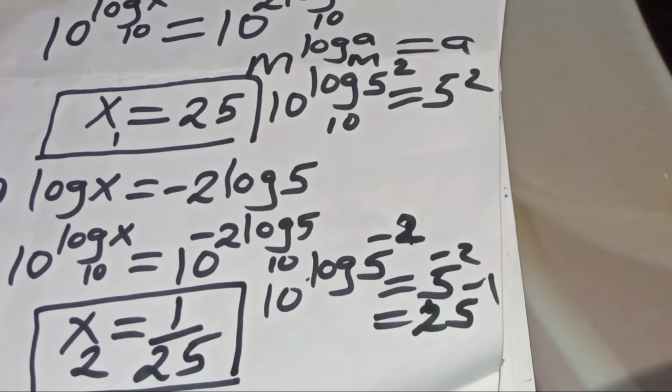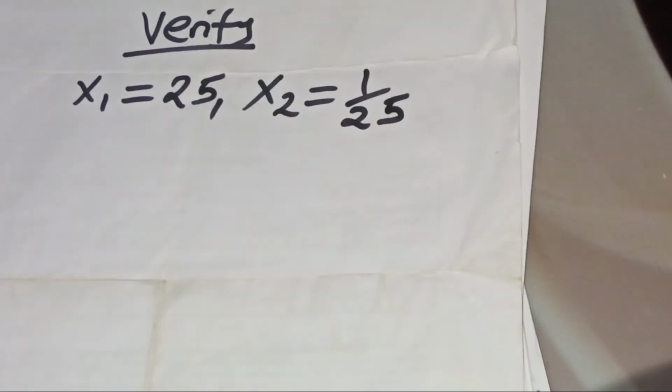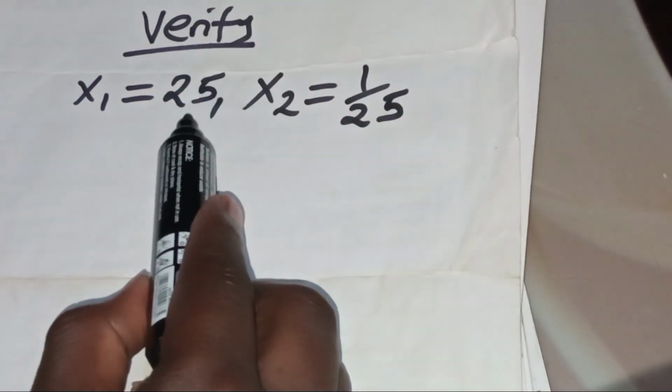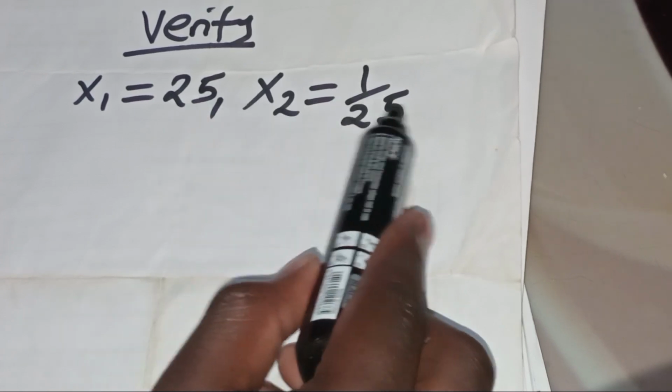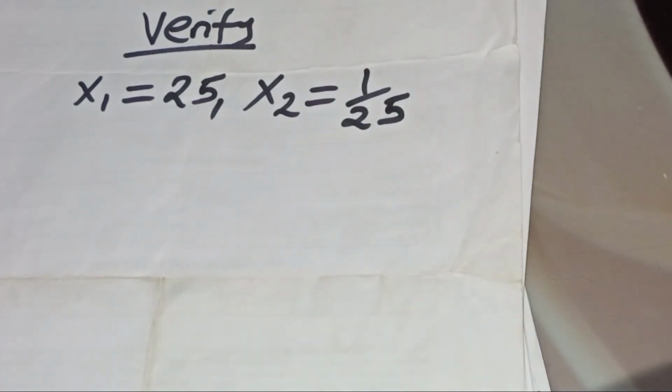So let's quickly verify that these values of x actually satisfy the equation by following these steps. Let's verify that x1, which is 25, and x2, which is 1 over 25, satisfy the equation.